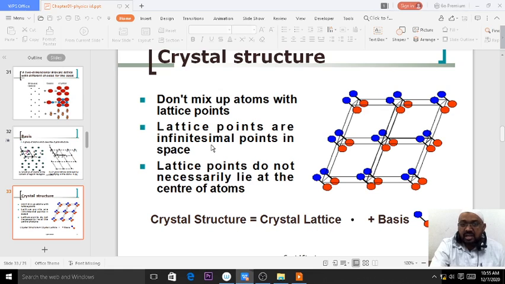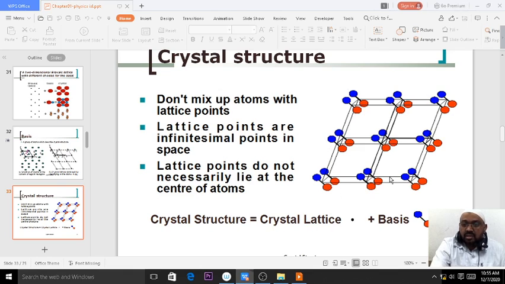So lattice points are infinitesimal points in space, very small points, and they are arranged in an infinite manner. Lattice points do not necessarily lie at the center of the atom. So let us consider these points are not exactly at the center of the atom, right?